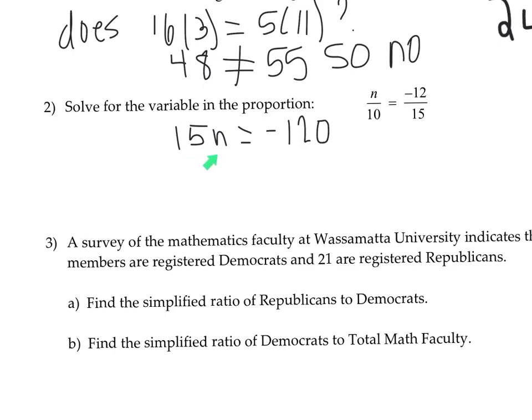So 15n equals 10 times negative 12, a positive times a negative, which is negative 120. We divide both sides by 15 to solve for n. That gives us n equals negative 8, because we have a negative divided by a positive.